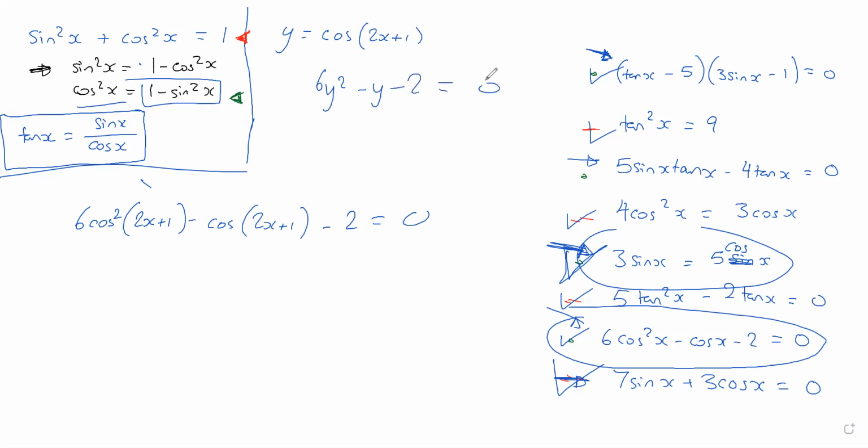So if you shove that in, you still get y equals minus 1/2 and y equals 2/3. So it's just the same as saying that cos 2x plus 1 is going to equal minus 1/2, and cos 2x plus 1 is going to equal 2/3.